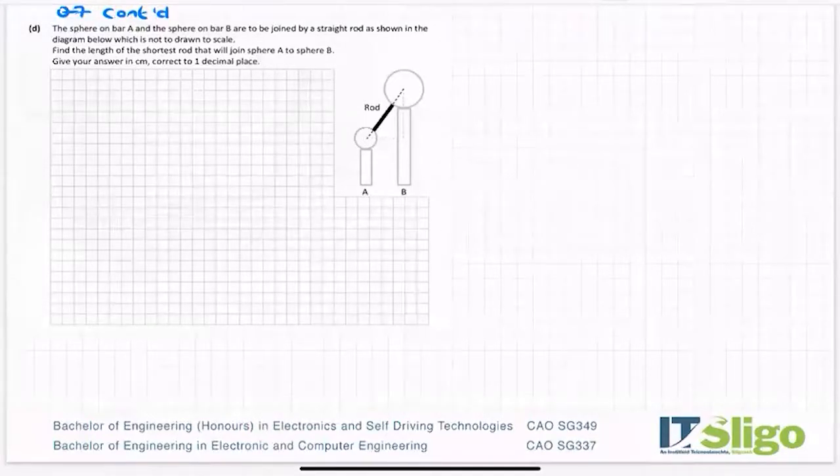So you can see that I need the radius of both of them, for sure. And then I need the distances between their centers. Right, and then I need the height from center to center.